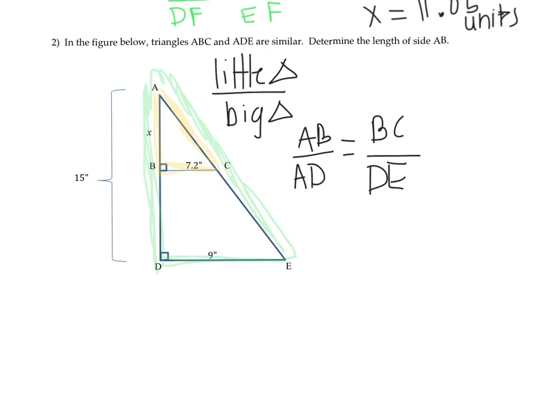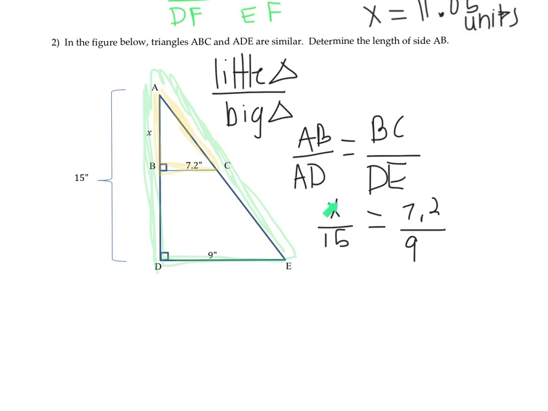Determine the length of side AB. This is the unknown, which is the x. So we have x compared to the full entire large triangle, which is the 15 out here, x over 15, equals little side here, BC, compared to the big side here, DE, which is 9.